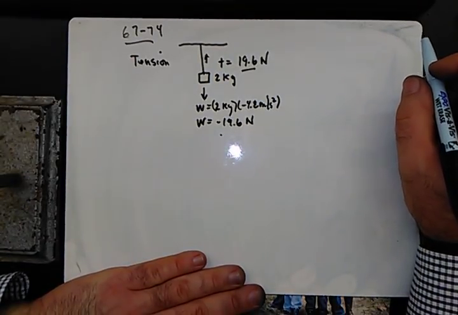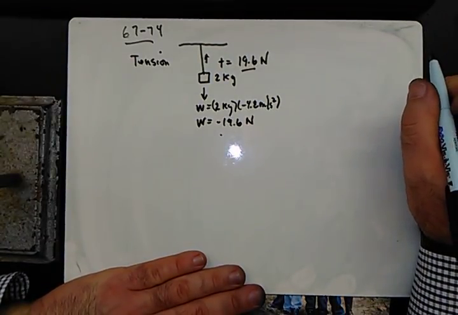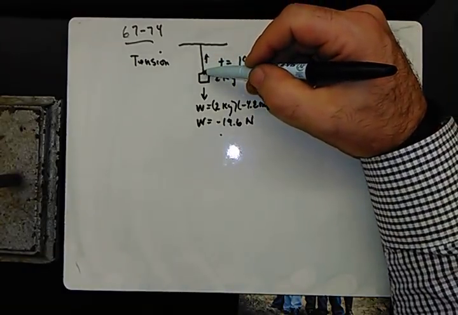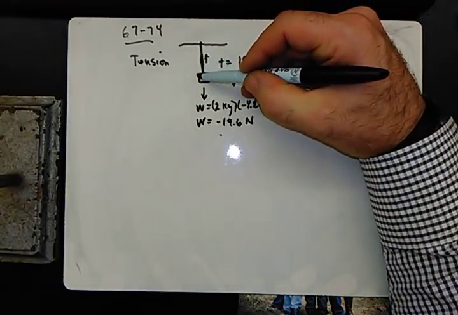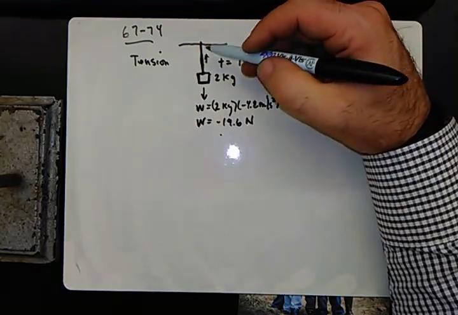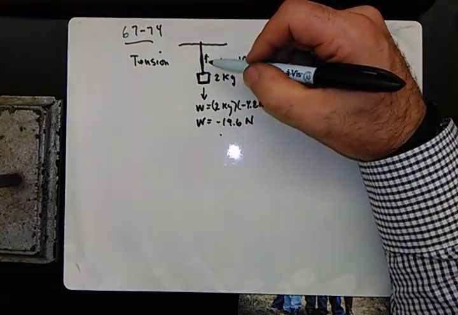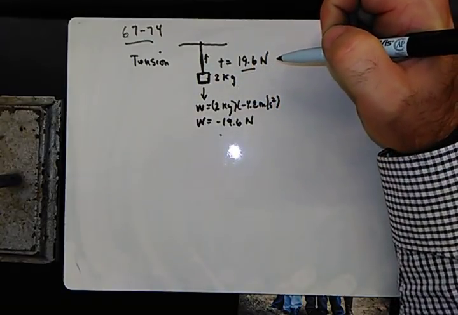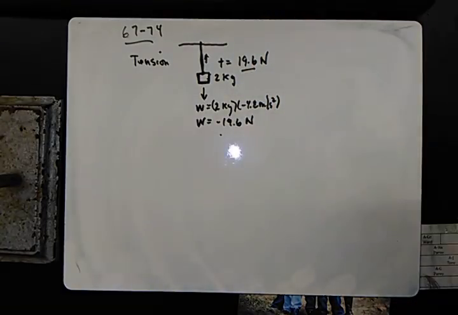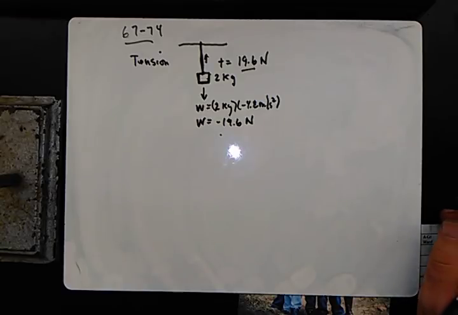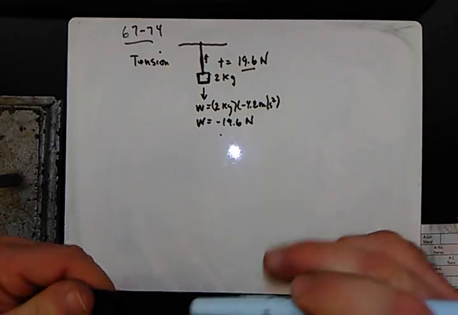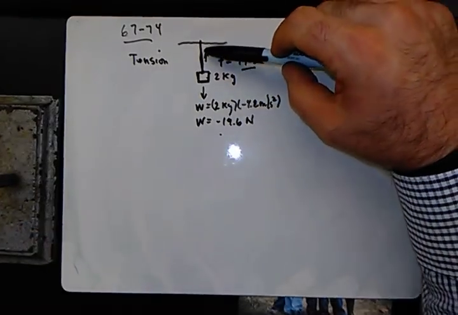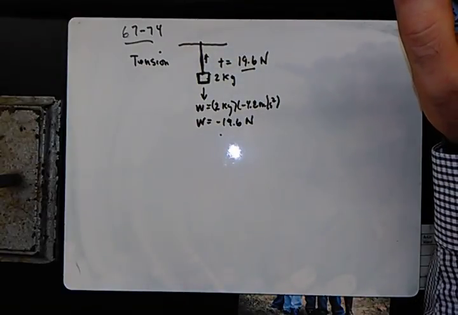That's the tension in this string or rope. Now, things get a little more difficult when I take this and start moving it, because now you're changing the apparent weight of this object. I'll give you an example of a situation where the tension in this string would actually disappear.